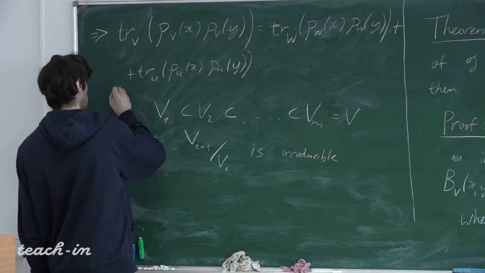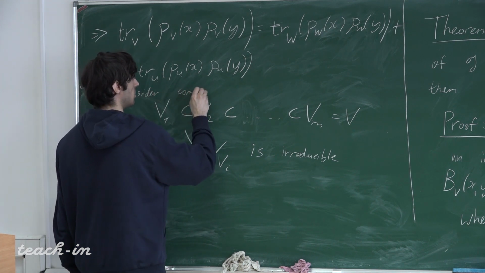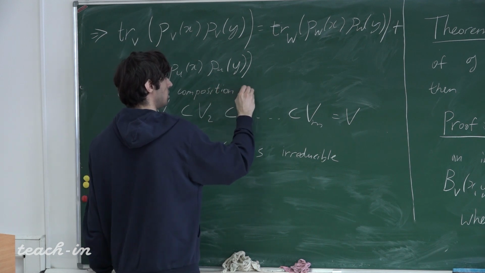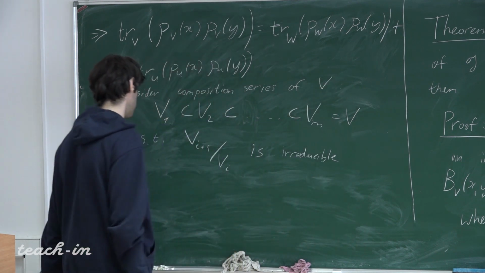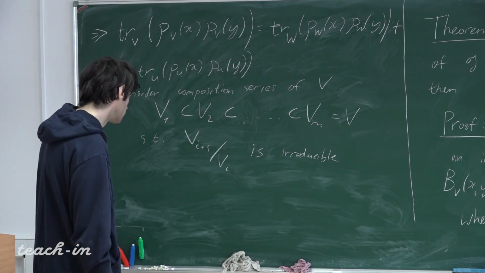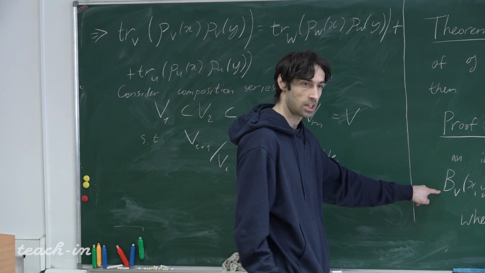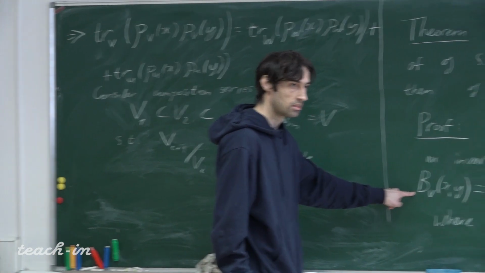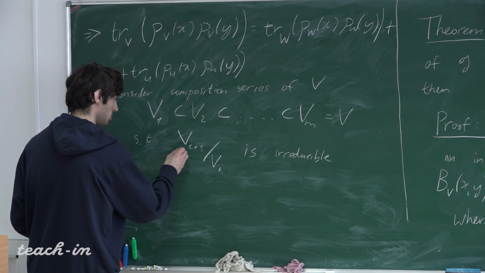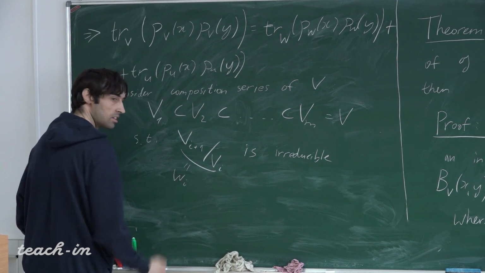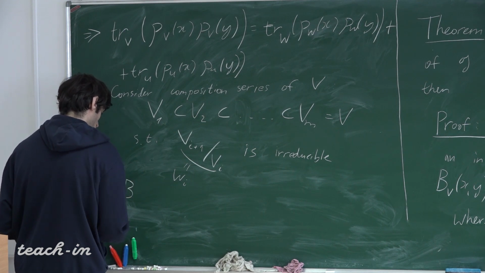So consider a composition series of V. Then, according to what we proved, let me now apply this m times. Applying this m times, maybe let me denote this as Wi, gives me the following.